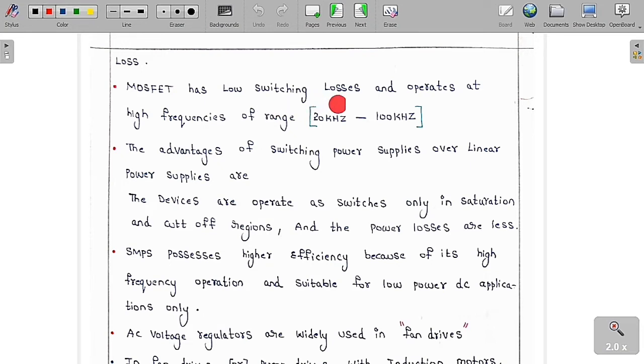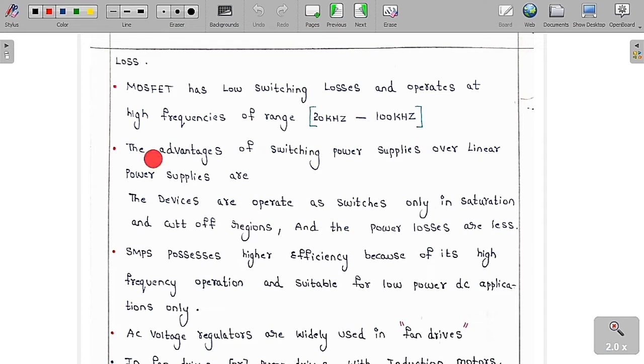It operates at a high frequency range of 20 kHz to 100 kHz, so we use the MOSFET as a switch in this range of applications. It has high conduction losses whereas low switching losses.